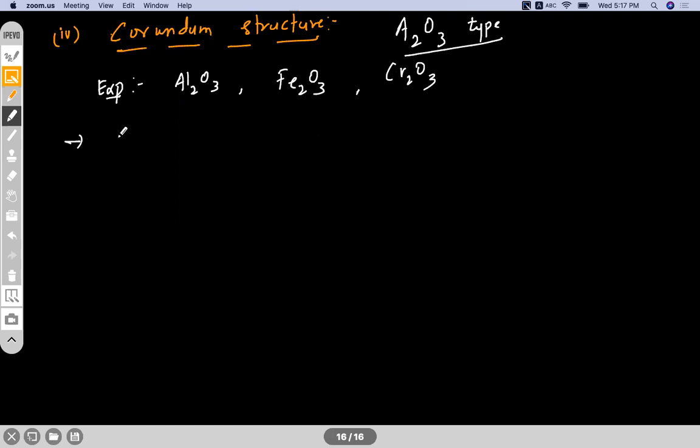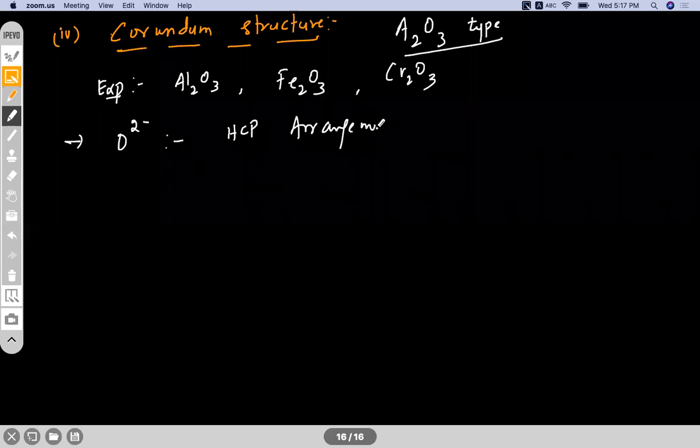In this, the oxide ion that you have, O2 minus, forms HCP arrangement.